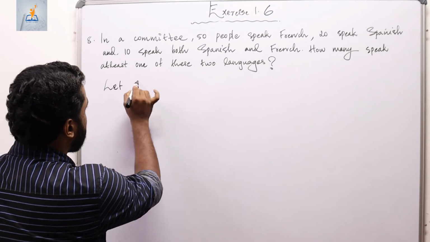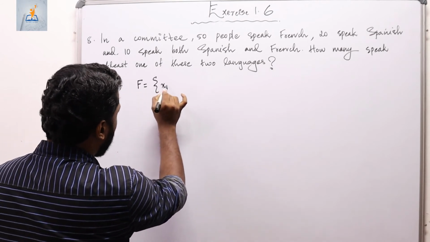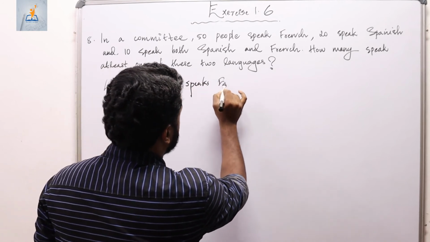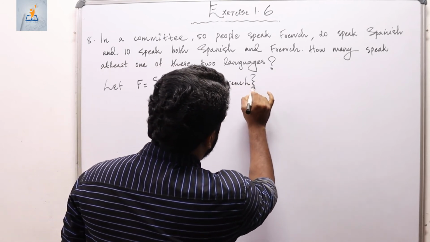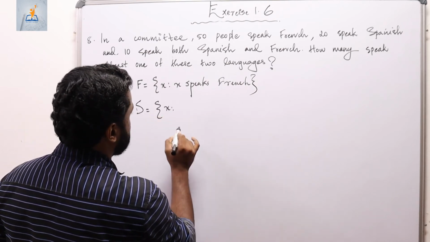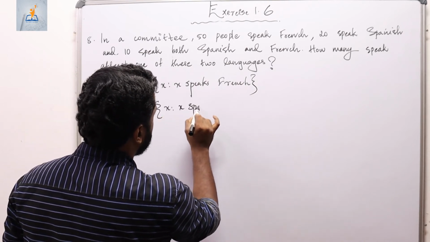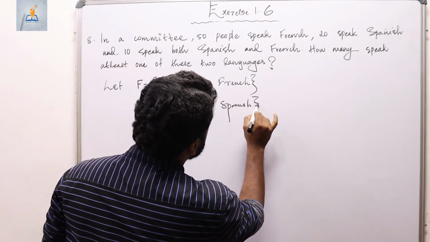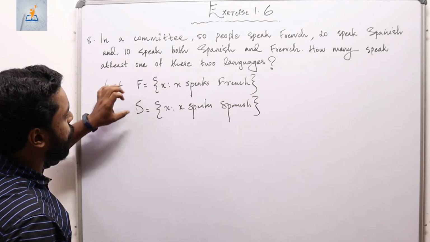Let F be the set of all x such that x speaks what? French, and let S be the set of all x such that x speaks Spanish. So these are the two sets F and S.